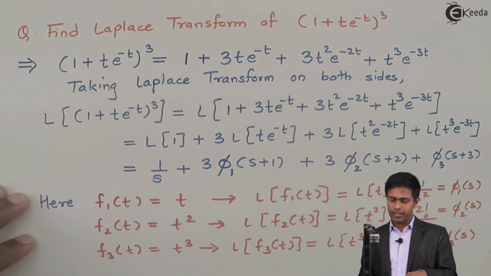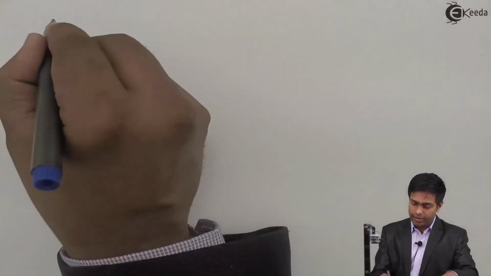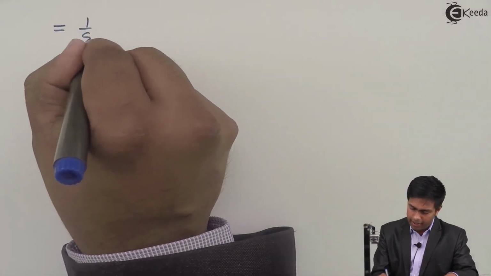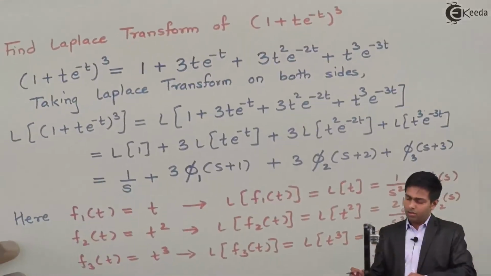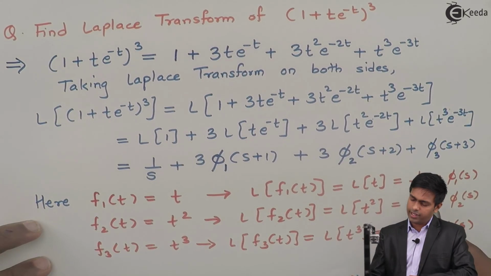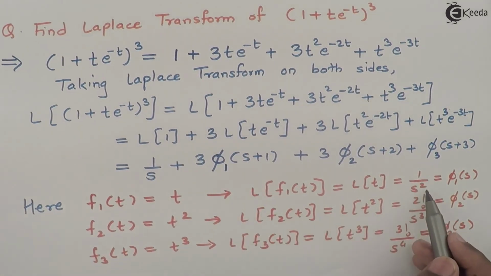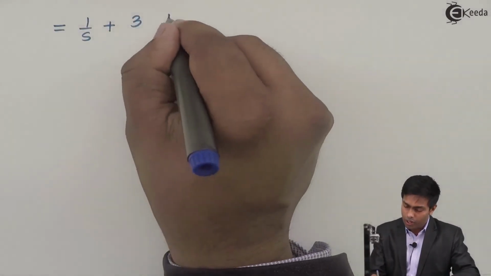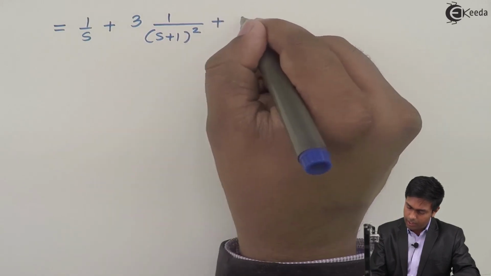So therefore, it is equal to 1 by s plus 3. Now phi1 of s is 1 upon s square, then phi1 of s plus 1 will become 1 upon s plus 1 the whole square.